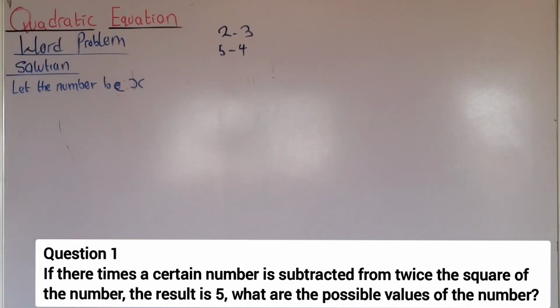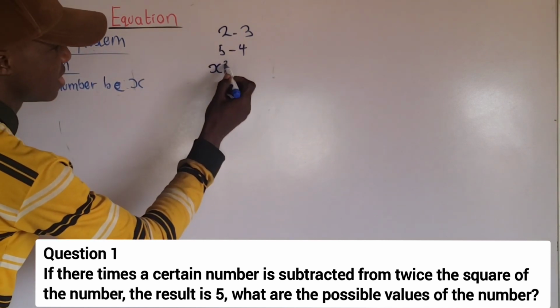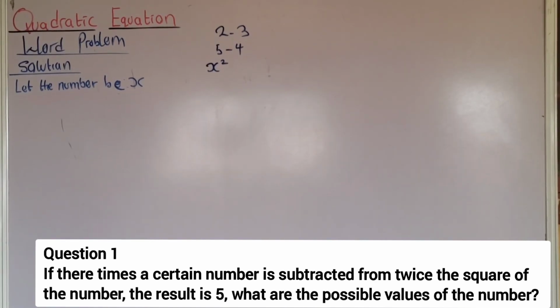Now, go back to the question. We are given that 3 times a certain number is subtracted from twice the square of the number. Twice the square of the number simply means that if the number is x, the square of the number is what? x squared. Listen very carefully and don't be confused. It's simple.